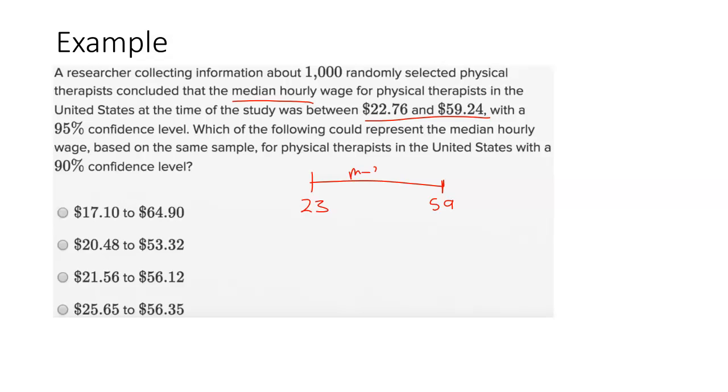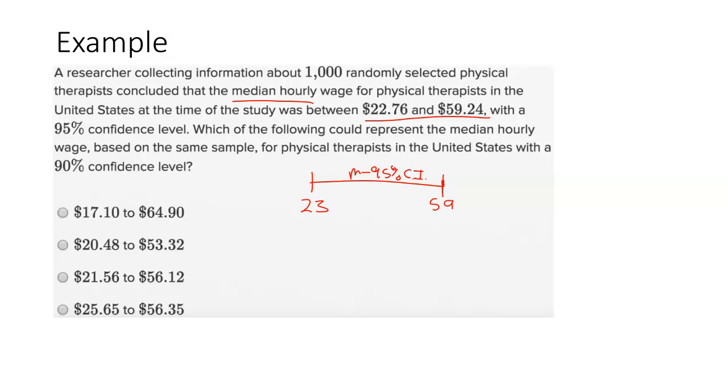They are 95% sure that if they find the median value, it's going to be in that range. Not saying that all values are going to be in there. They are 95% sure that the median is somewhere in that range.